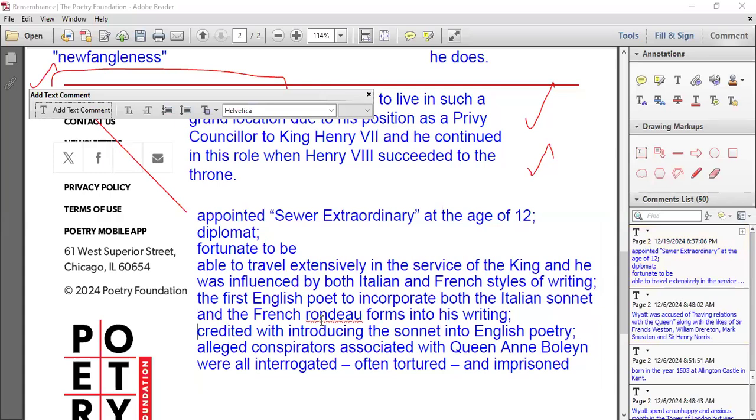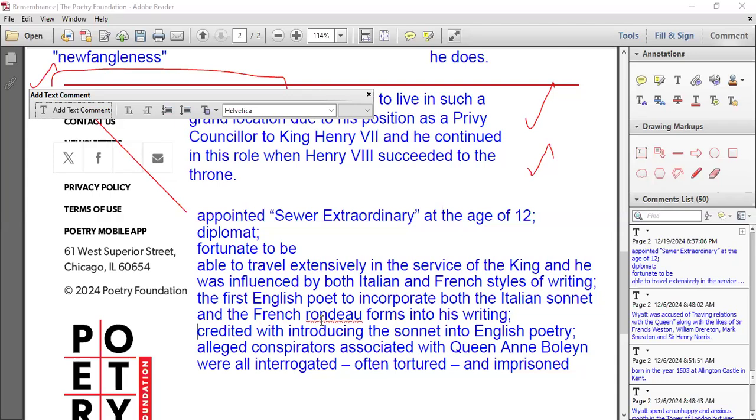Because of all these travels, he gained a lot of knowledge about literature, the literary forms which thrive in foreign soil. He learned the new rhyme schemes. He learned the new metrical patterns, and he incorporated those literary styles into his English writings.